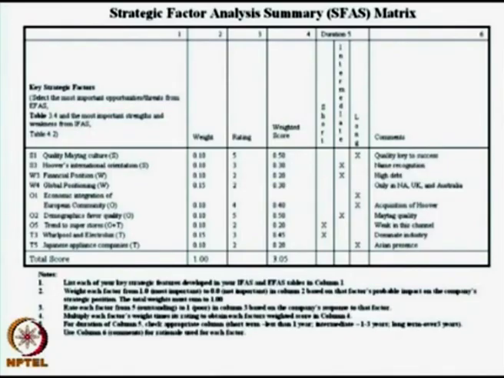Now, where are you getting the weighted score? If you look at quality, one of the most important strengths of Maytag, reflected as strength S1, quality Maytag culture, Maytag gets 5 out of 5, the weighted score it gets is 0.50, and the comment from earlier holds: quality is key to success in the marketplace. What is going to be the effect of this? It is going to have a long term effect, it is not something short term.